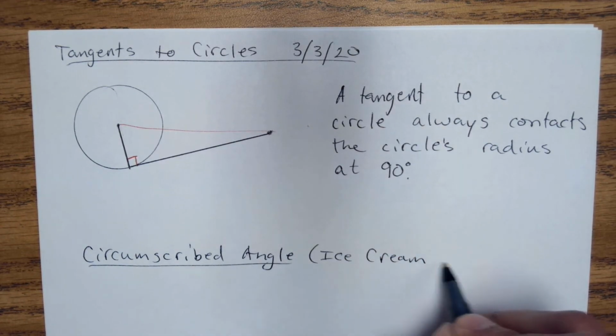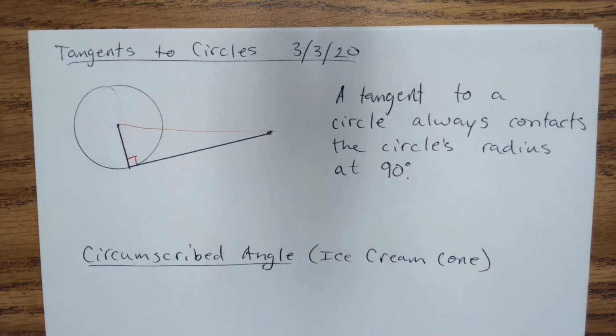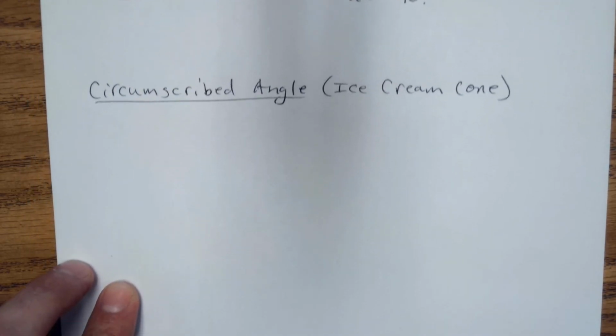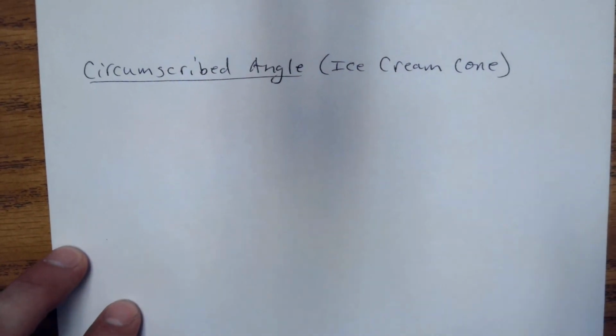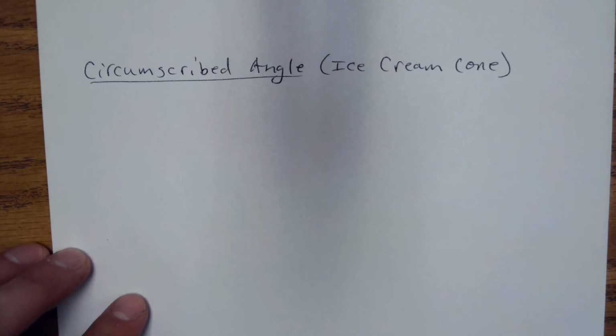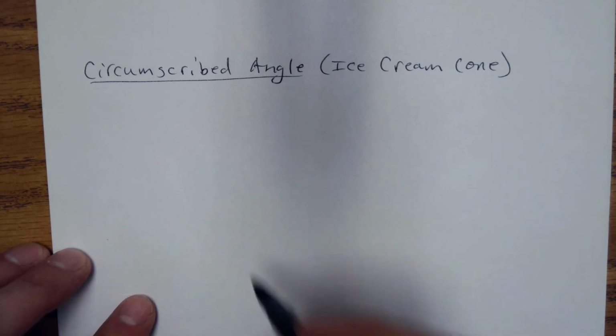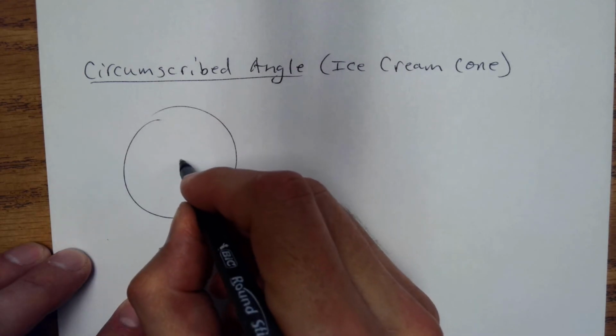I have to write that down. They look like an ice cream cone. Circumscribed angles. This is what they are. Be professional here.